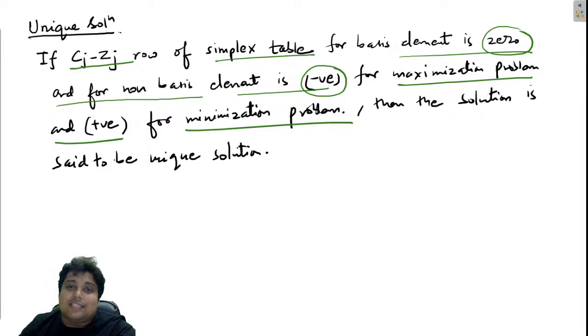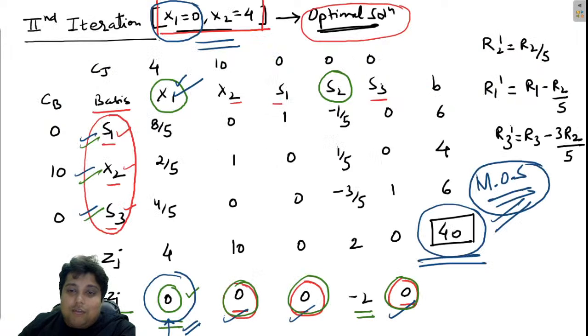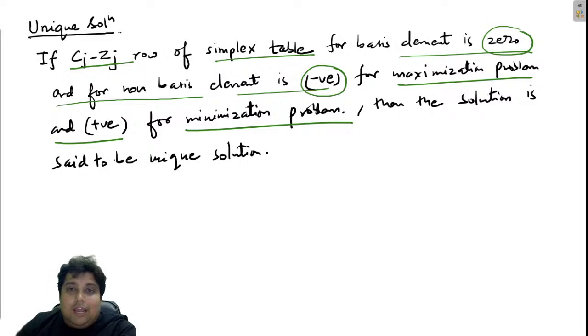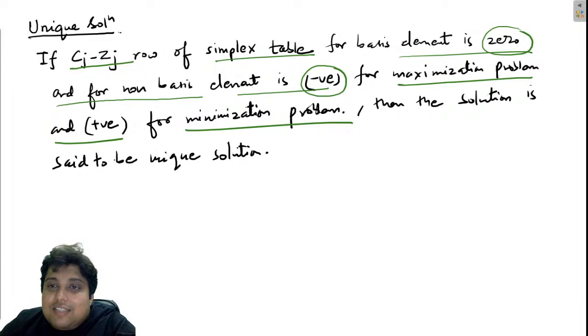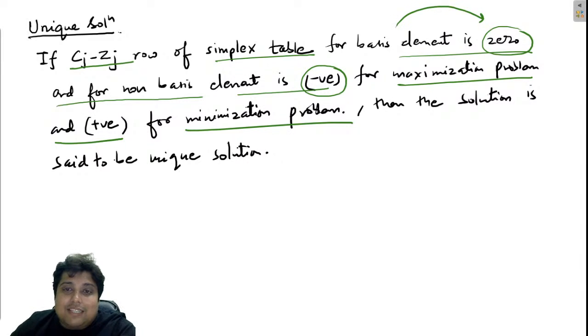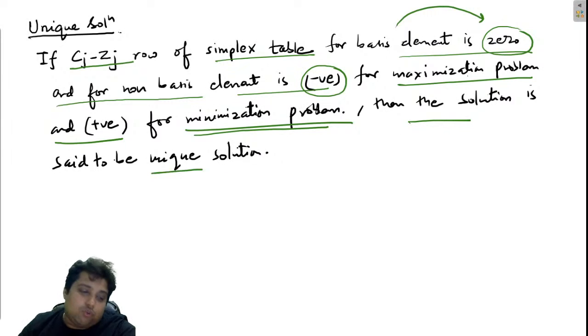So as I said, in Cj minus Zj we have either 0, positive or negative values. If all the values are zeros and negative, that indicates that we have optimal solution. But if only the basis elements are 0 and all other elements are either positive for minimization and negative for maximization, then the solution is said to be a unique solution.